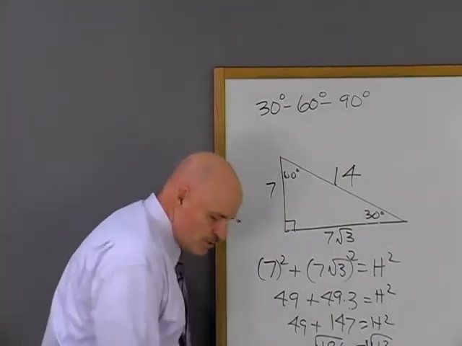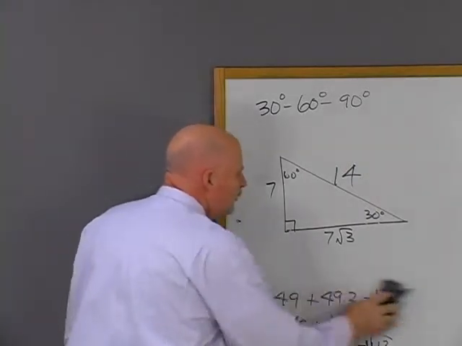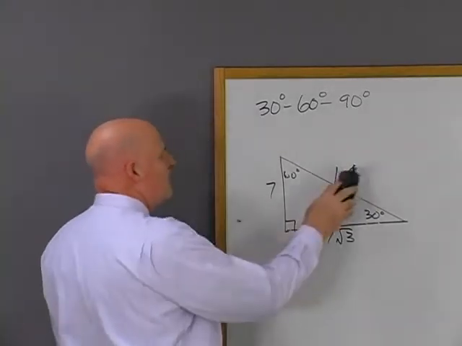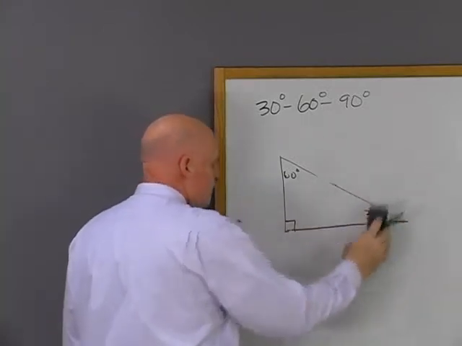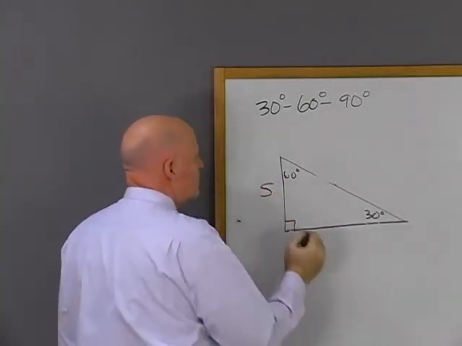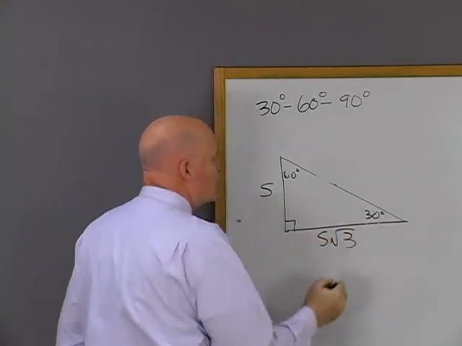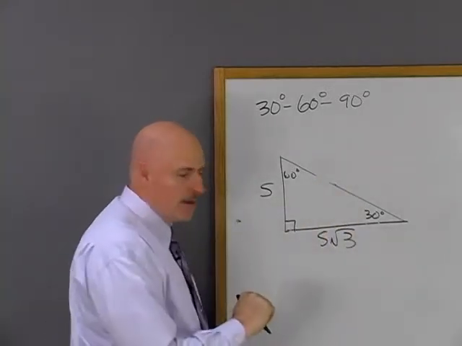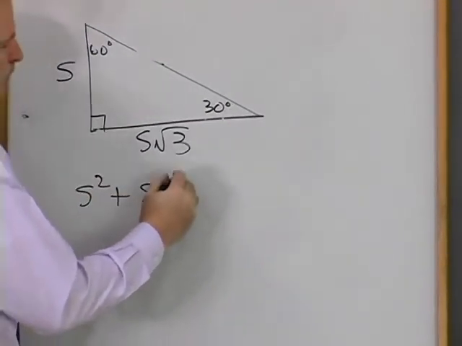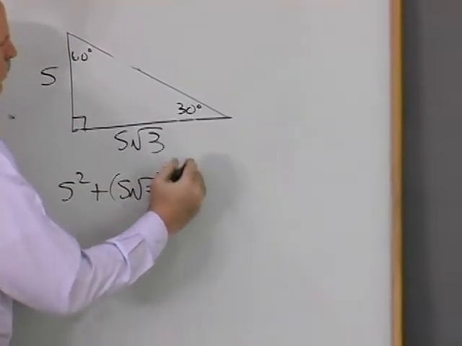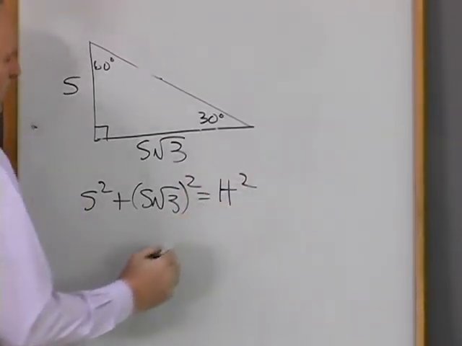And if we wanted to, we could do this with a variable. This is twice the size of the short leg. Let's try side times the square root of 3 and see what we come up with here. Okay? Side squared plus side times the square root of 3 squared equals hypotenuse squared.